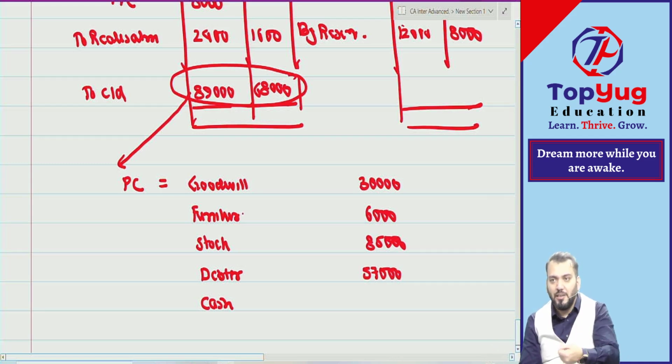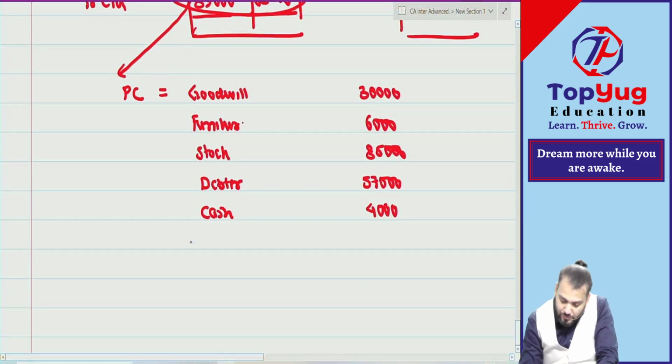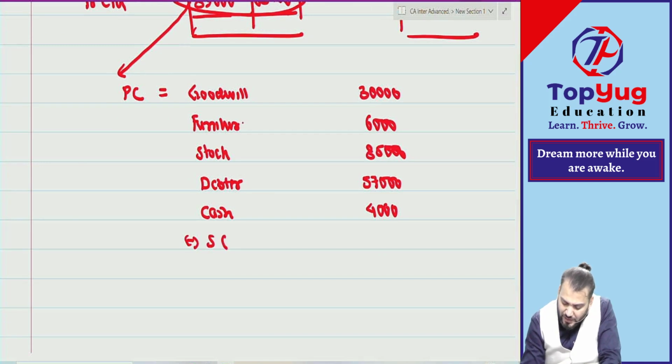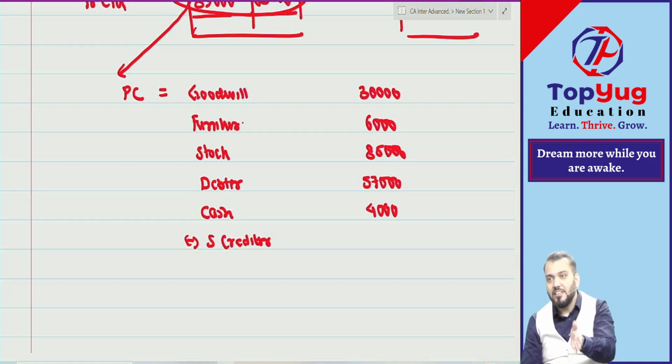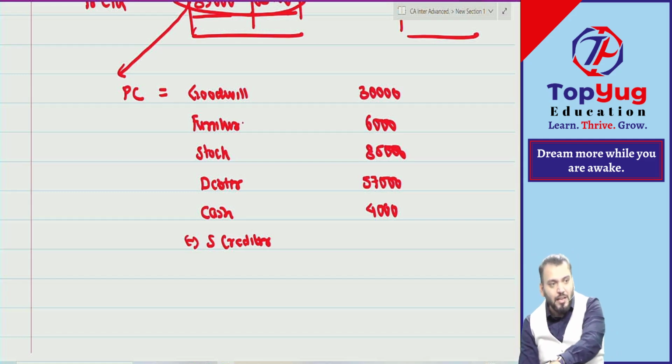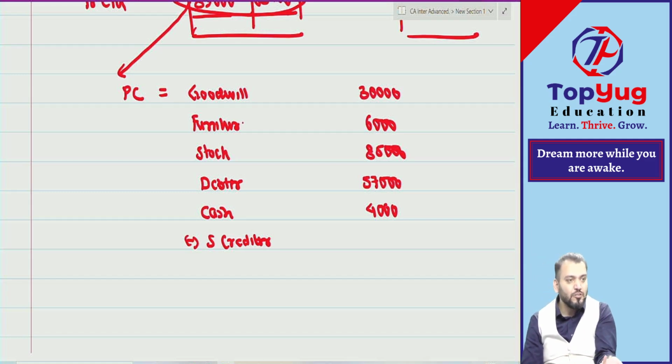Can we sell cash? No. So cash is also taken, at 4,000. Sundry creditors are also taken, at book value, with no revaluation gain or loss on that.